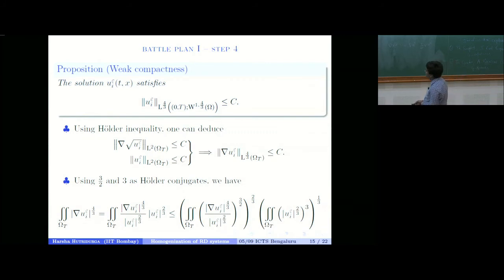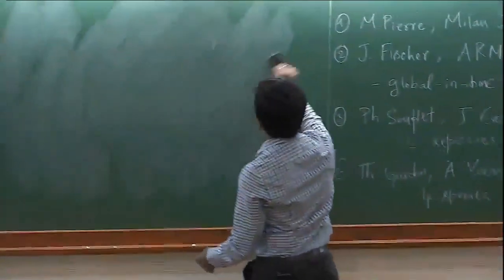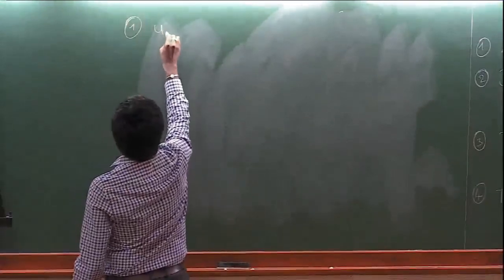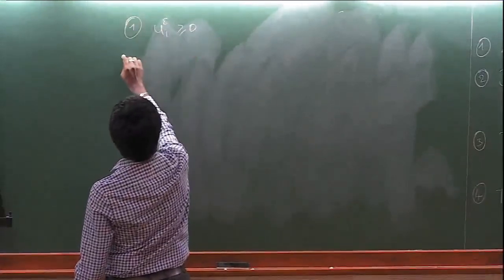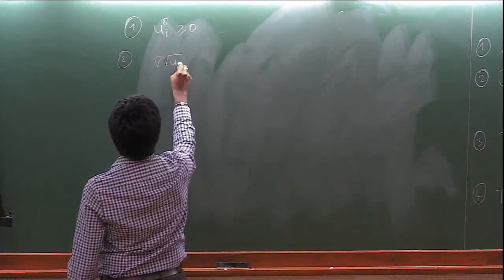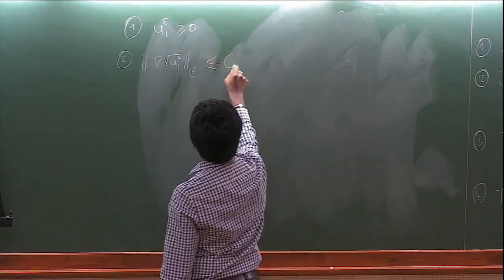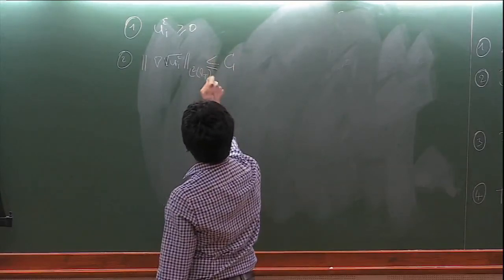Okay? So now, let me just write down, while you stare at this, what we have shown. So we have shown that u_i epsilons are non-negative. We have shown that the gradient of square root of u_i epsilons are bounded in L2 of omega times t.